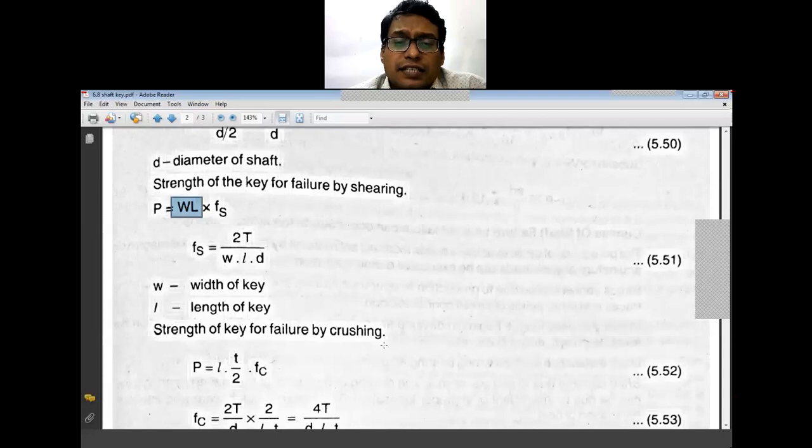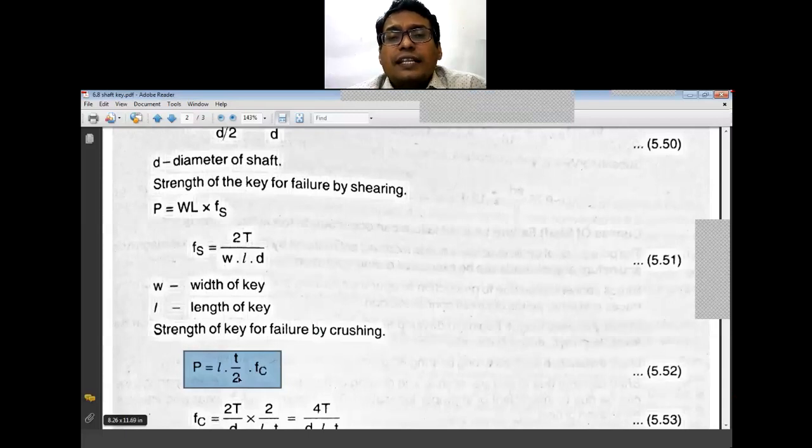And second is the failure by crushing. So this P load is nothing but the crushing stress Fc into the length into the thickness by 2. Now thickness by 2 is taken because half the key is in the hub and half the key is in the shaft, and that is why we are taking the thickness by 2.